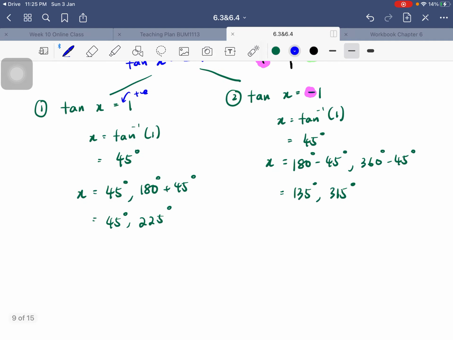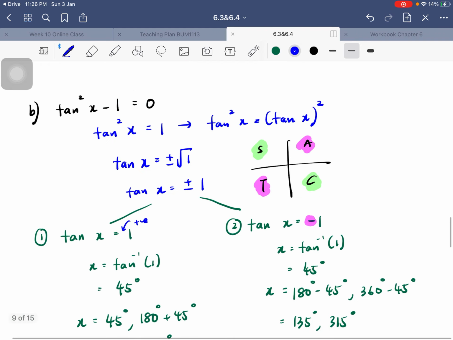But now I'm going to write that I have 4 angles altogether: 2 from the first equation, which are 45 and also 225, and 2 when tangent x is equal to negative 1, which are 135 degrees and also 315 degrees. So those are going to be my 4 solutions. And why do I have this?